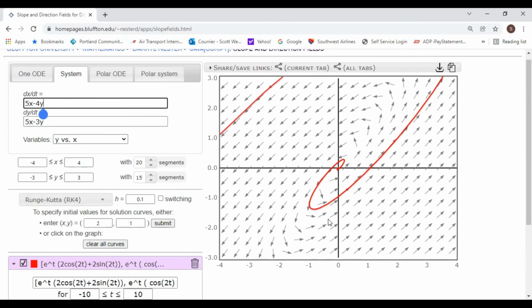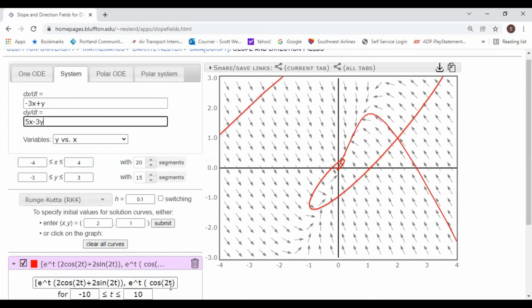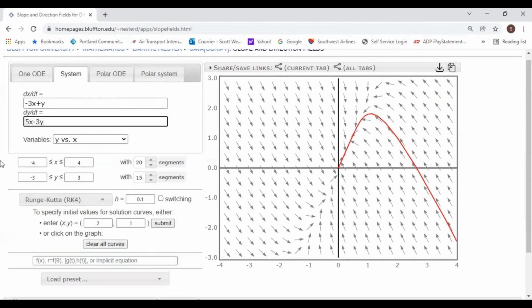Now the second system that we looked at had -3 as the first coefficient, and then 1, so in other words, plus y for the first. And I guess we don't need this one anymore.